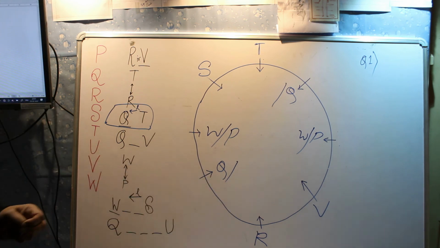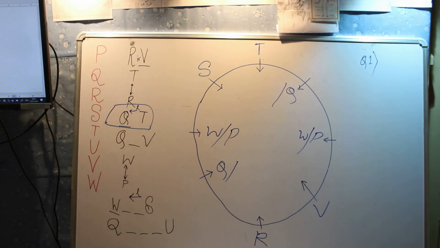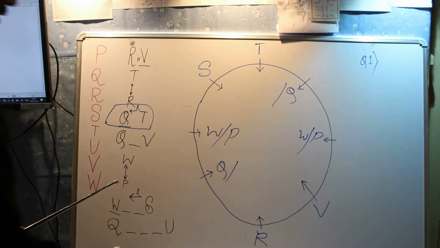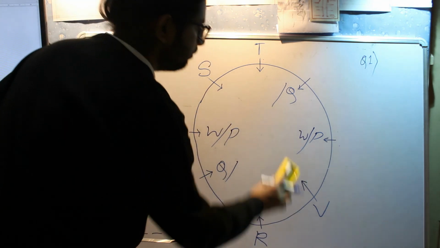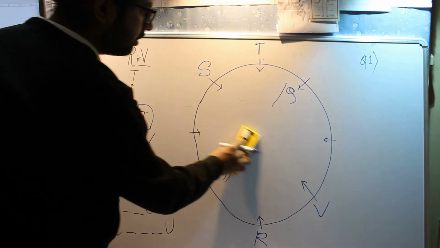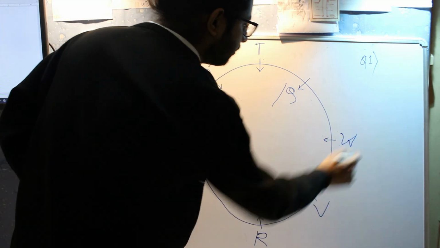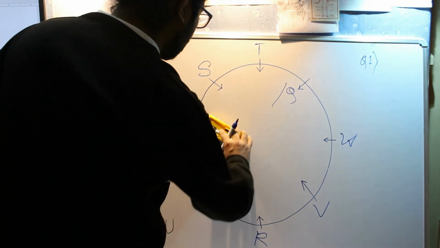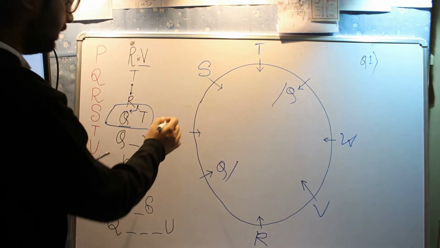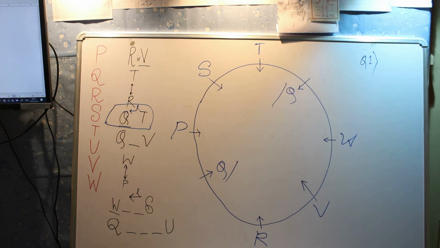This has to be S, but V has already preoccupied this place. So the only possibility for W is not here, but here. And the only possibility for P is this, because W faces P. Okay.